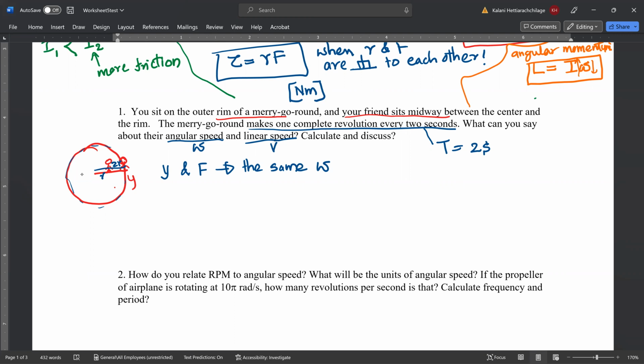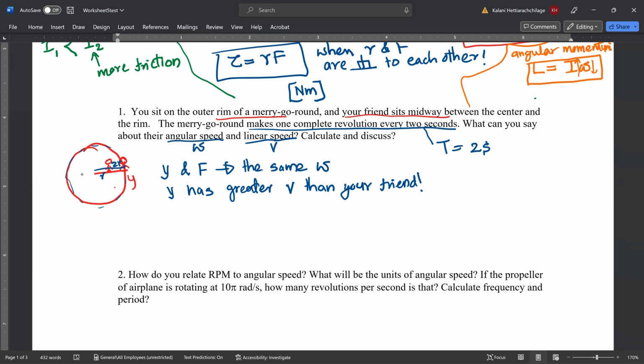And then you have greater linear speed than your friend. Why is that? Because you are sitting on the rim, your friend is sitting at a distance less than you, right? Because of that.